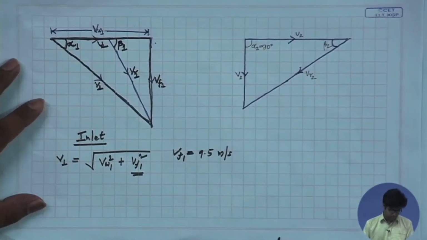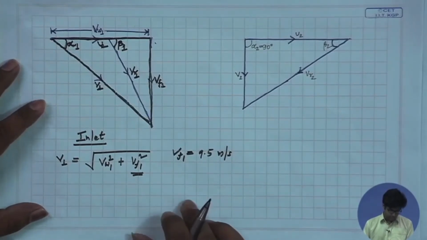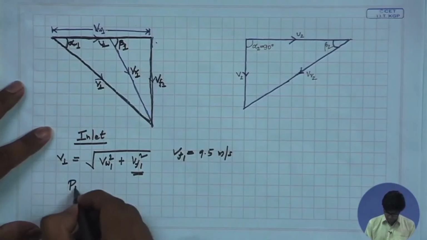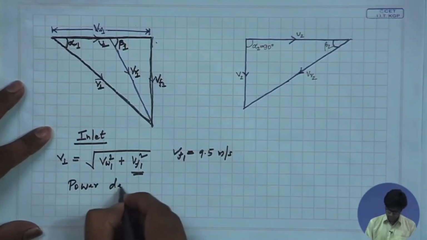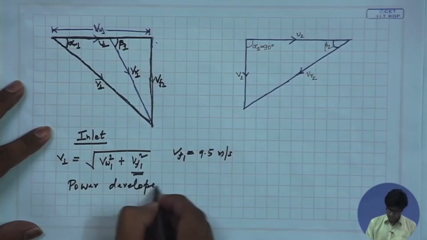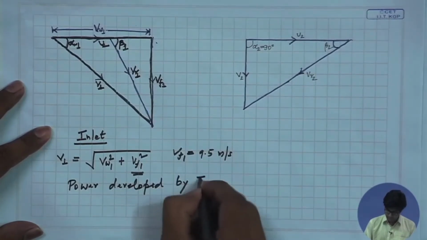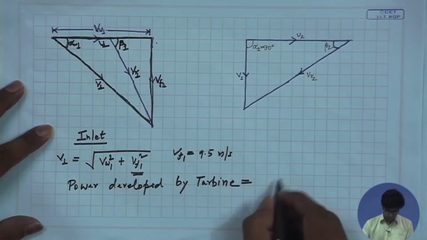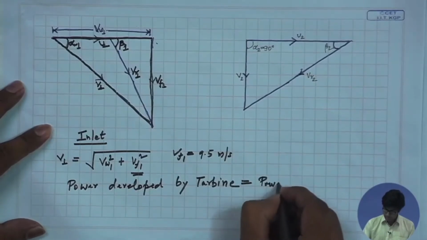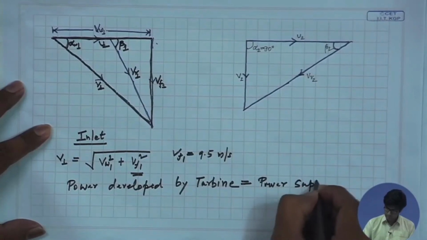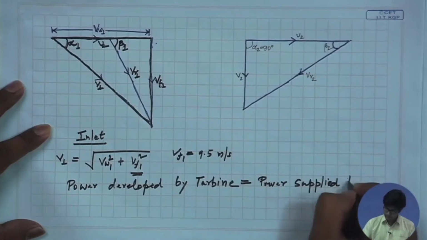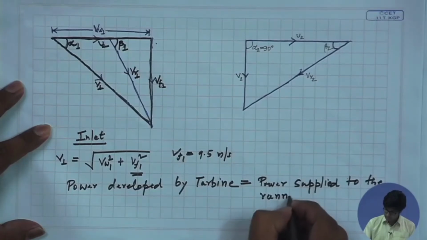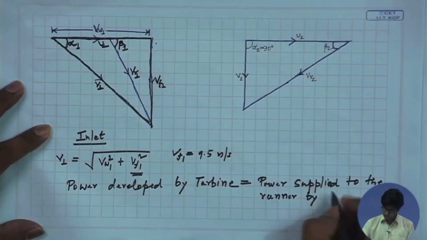In order to find it out, we use the basic relationship that the power developed by the turbine is equal to the power supplied to the runner by water.